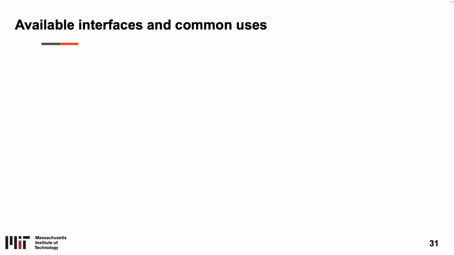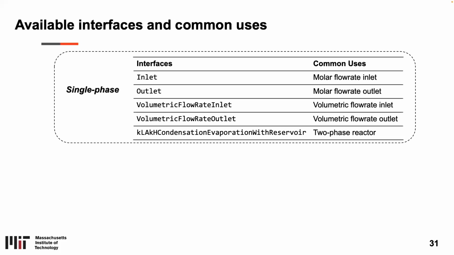There are other interfaces that we support. There are interfaces for single phase inlet, outlet. The upper 2 are for molar flow rate, and the middle 2 are defined using volumetric flow rate. It's quite self-explaining. You want to use volumetric flow rate when you control the system using some sort of flow meter that controls the volume flow rate.